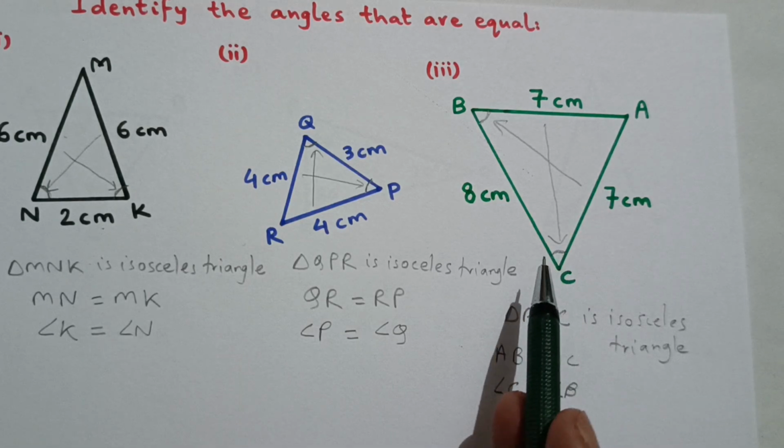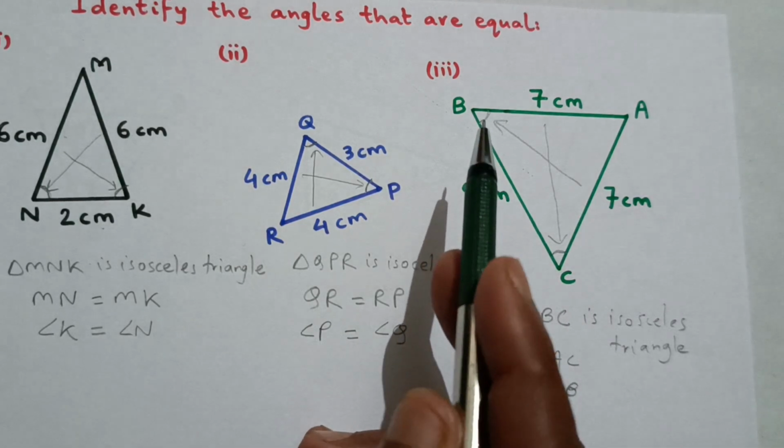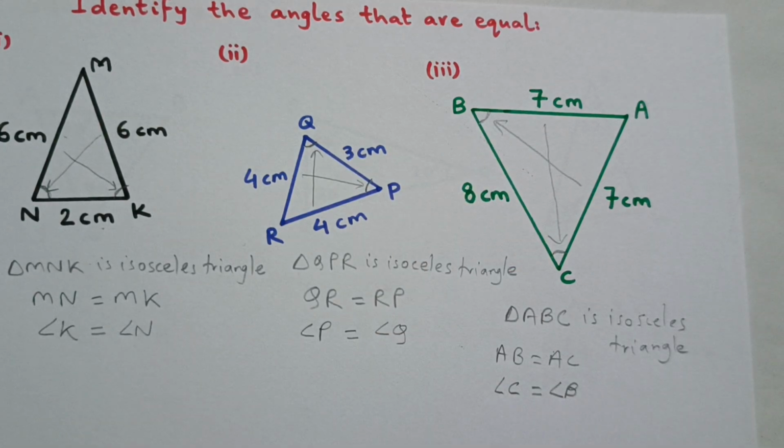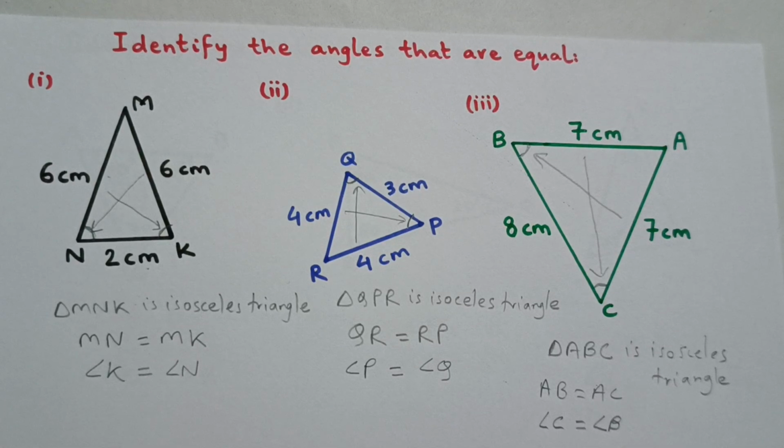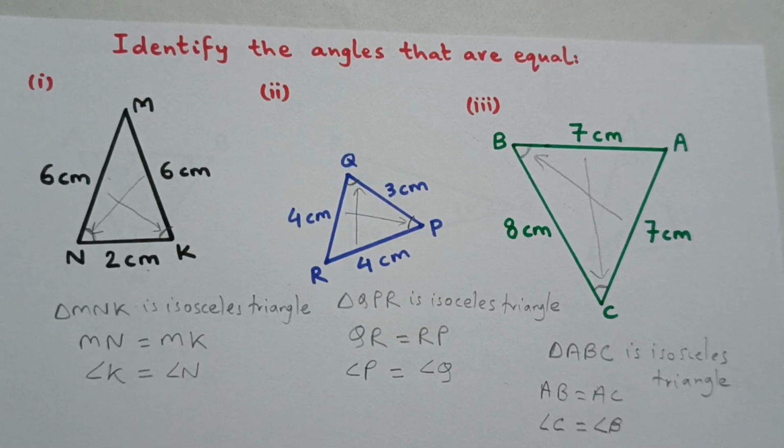It is angle C and angle B. So this is how you can find out which two sides and which two angles of an isosceles triangle are equal.